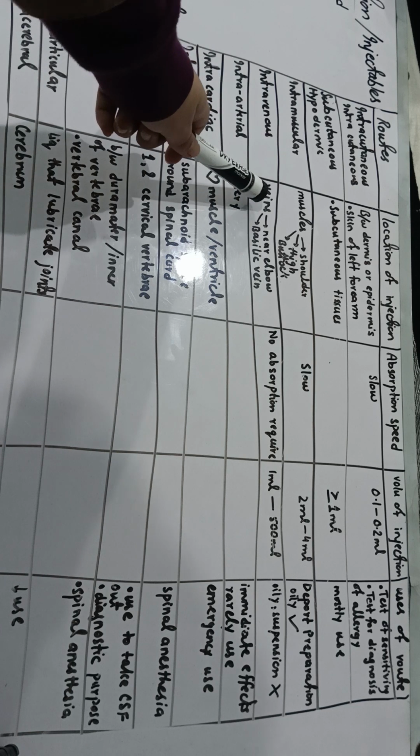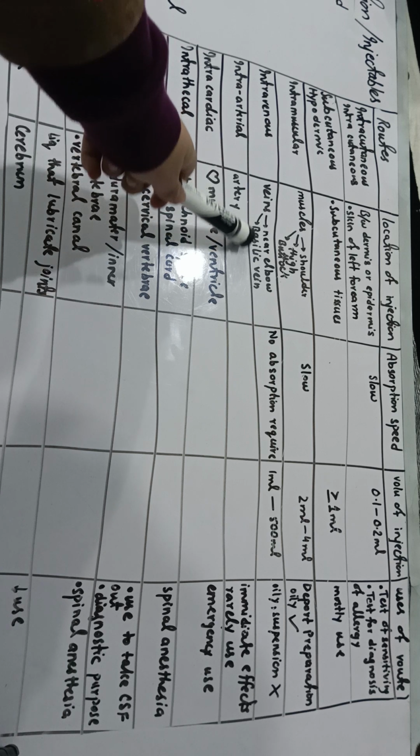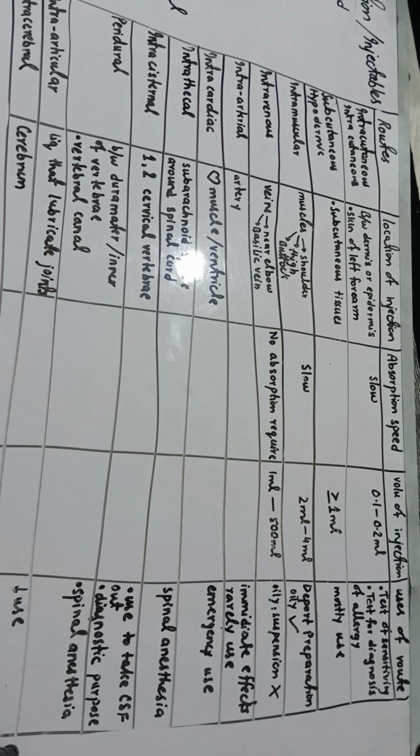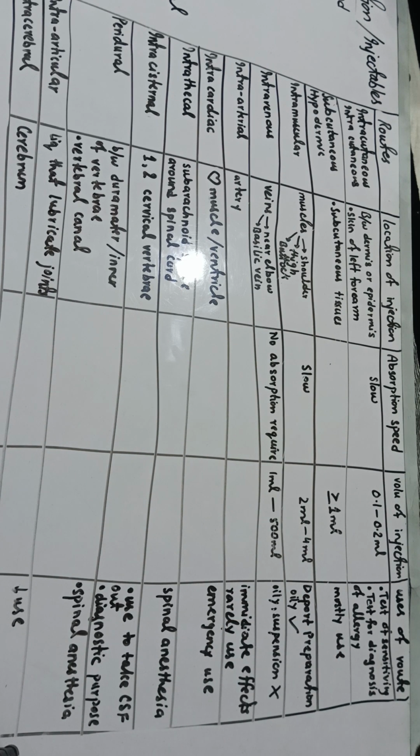Now the injection is given in veins. Near the elbow, a vein is present which is called the basilic vein. In this vein, we inject the injection, and no absorption is required for this process, so we cannot detect the absorption speed. Why is no absorption required?